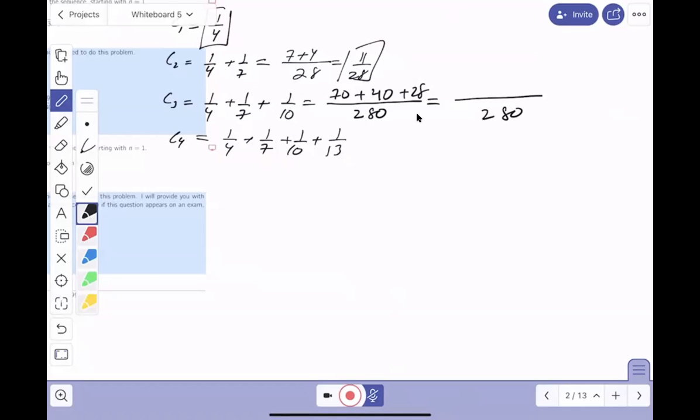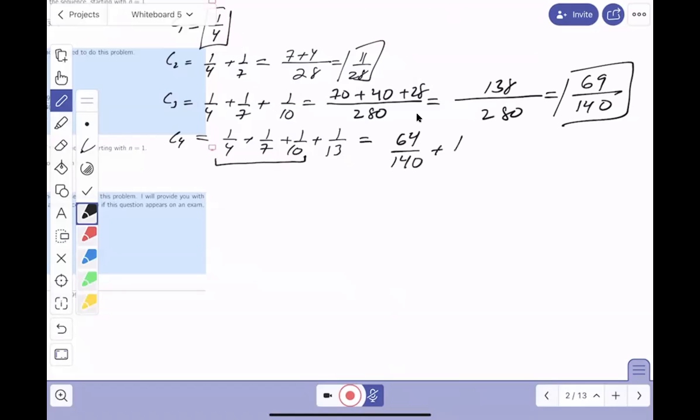And 70 and 40 is 110, 138. I'm going to divide by 2, and what do you get? 140. That's going to give you 69. I want to point out that I got that right over here. I've already done that. So really what I'm doing is 69 over 140 plus 1/13.